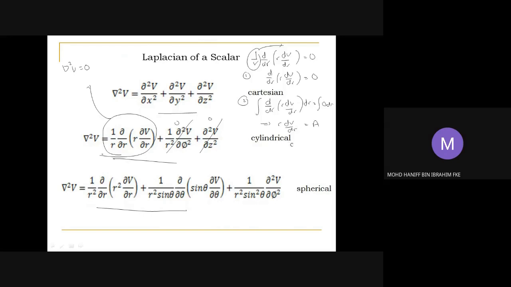The third step: dV over dr should be equal to A over r. For the fourth step, we integrate A over r dr, so V shall be equal to A ln r plus B. Hopefully it's clear, Jasong. Thank you for the question. Hopefully this will help others also.